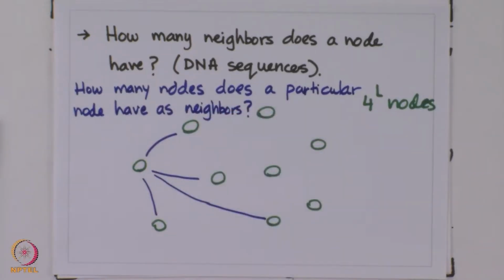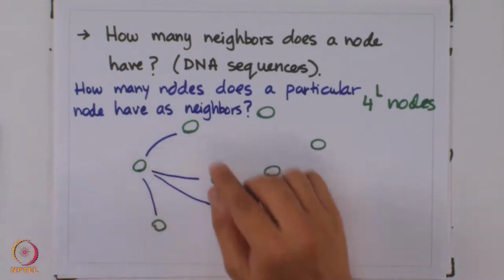And remember the rule that I and J are connected if they only differ at one nucleotide position. So, what we are interested in is that out of the 4 to the power L sequences, how many sequences can a particular sequence go to via acquisition of just one nucleotide change.